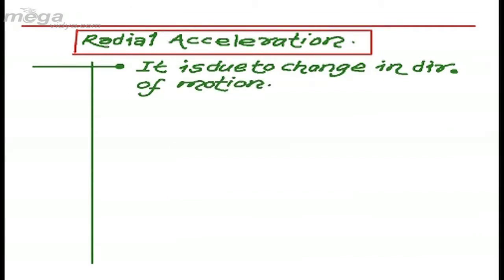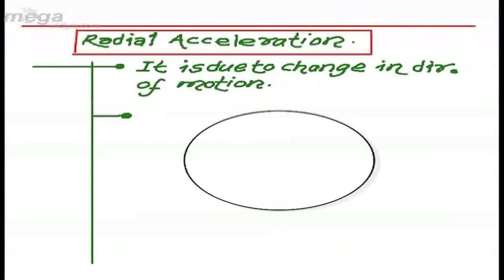We can also say vice versa: it is the radial acceleration which changes the direction of motion for the particle. How to get its magnitude? It is just a very easy task.